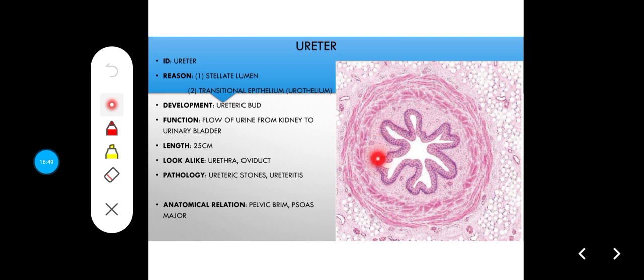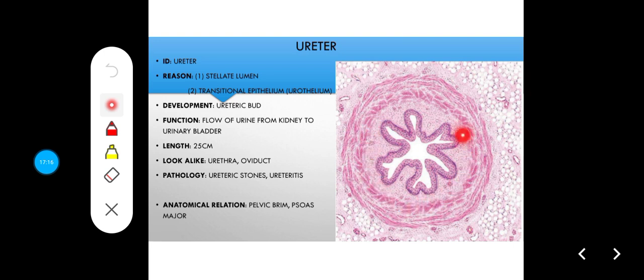Then this deeper layer that looks like the submucosa in the ureter is not actually a real submucosa. It's actually the lamina propria, which is a part of the mucosa. So it looks like the submucosa if you are comparing with the esophagus.